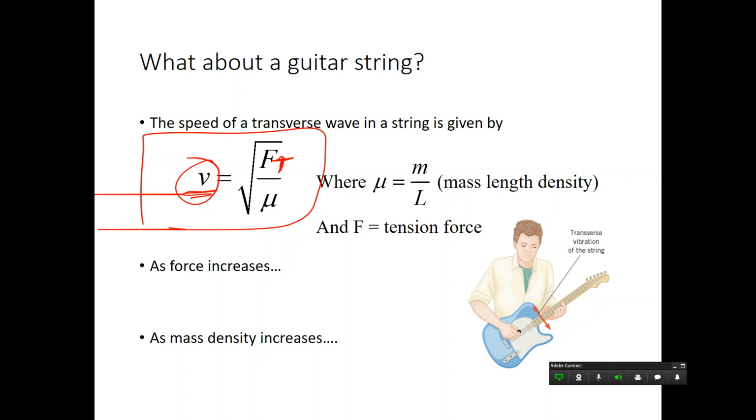If I had my tension stay the same, my mass per unit length stay the same, but my length gets longer, does that change the velocity of the thing? William, you say no. Exactly, because length is not a variable in this, right? If you change the length, you're also increasing the mass of your string because you have more string, and therefore nothing changes, and your velocity along that string is going to stay the same.